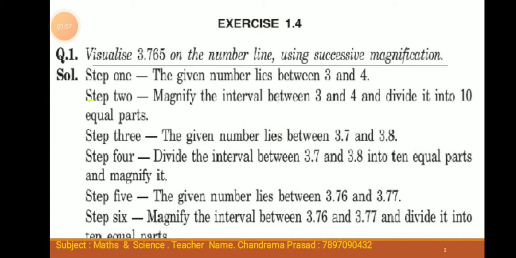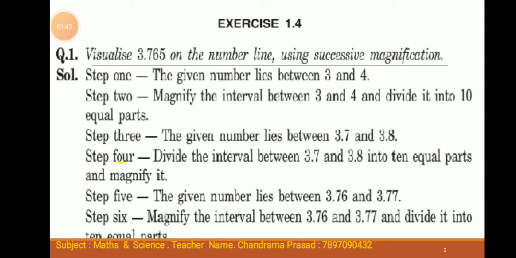Solution. Step 1. The given number lies between 3 and 4 because this number is greater than 3 but less than 4. Step 2. Magnify the interval between 3 and 4 and divide it into 10 equal parts.